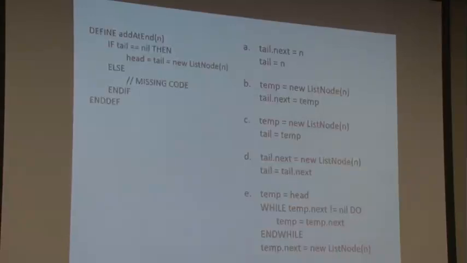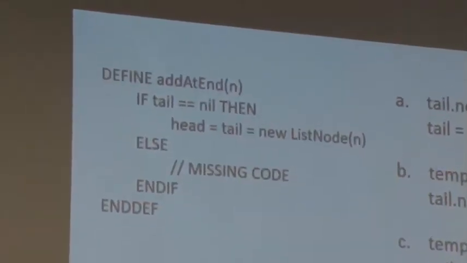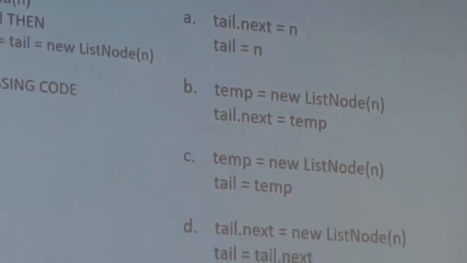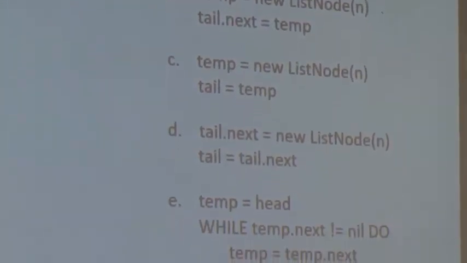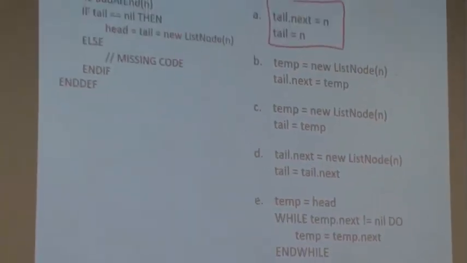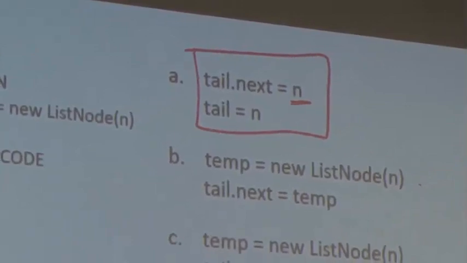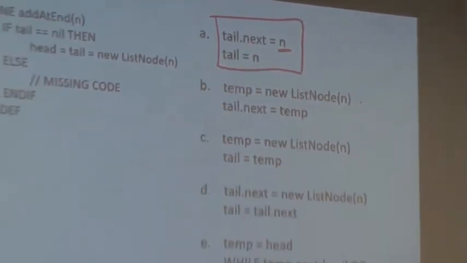Then we give them a whole set of options, all of which are different versions of the sample code that they could choose. All of these are based on student misconceptions. In this version, they're just trying to set these things equal to whatever data the node would be holding. They're not creating a new data structure to hold that.